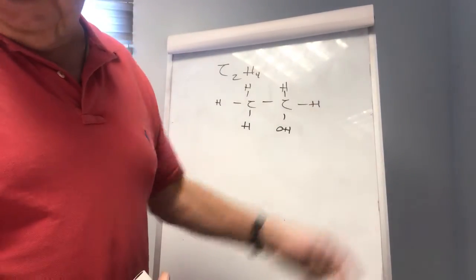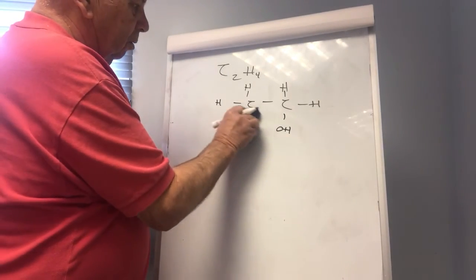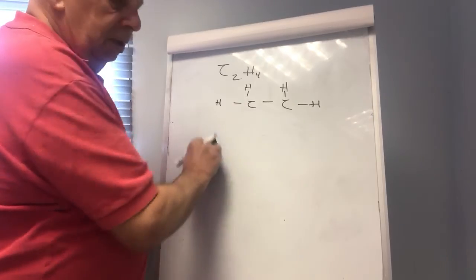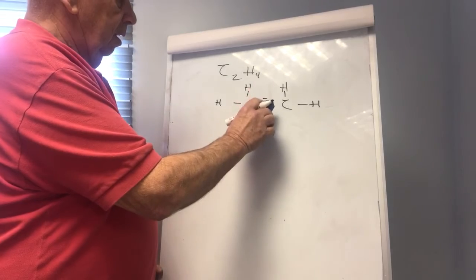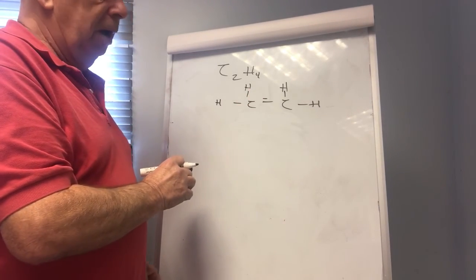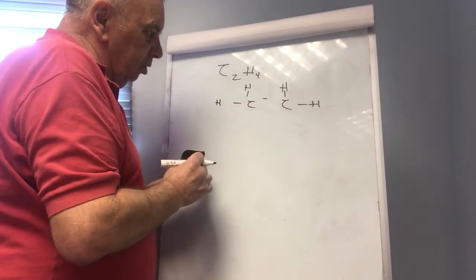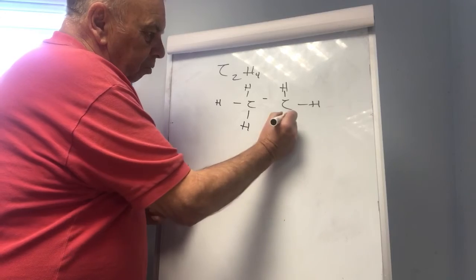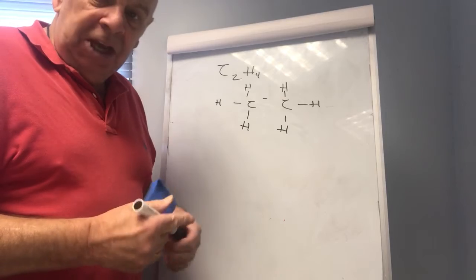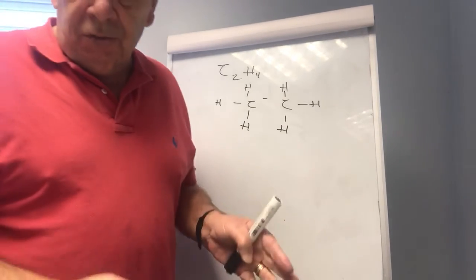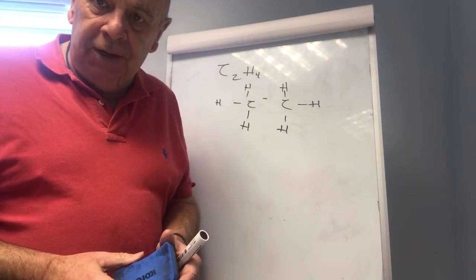There are other examples of this. If I took hydrogen itself, it would add across that double bond and form ethane. So alkenes undergo addition reactions because they've got that double bond which makes them reactive.